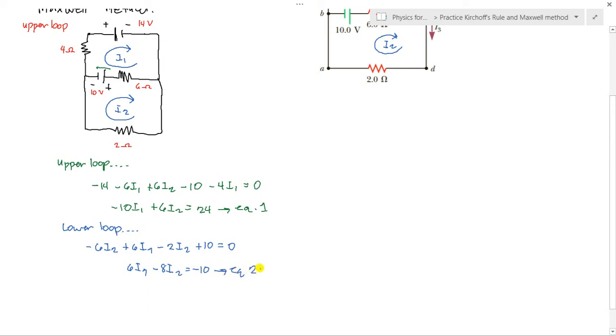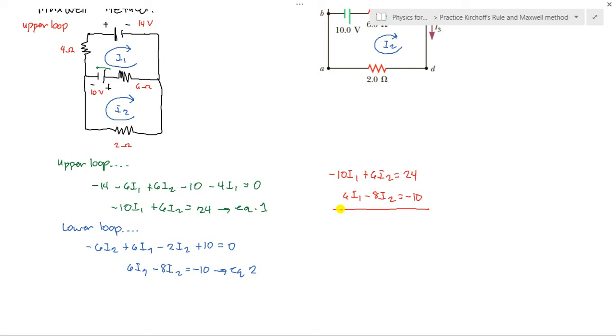Now, solving, let us list our two equations. Negative 10I1 plus 6I2 is equal to 24. And here we have 6I1 minus 8I2 is equal to negative 10. You can use the method of substitution or elimination, but to make it easier, I just used an equation solver.